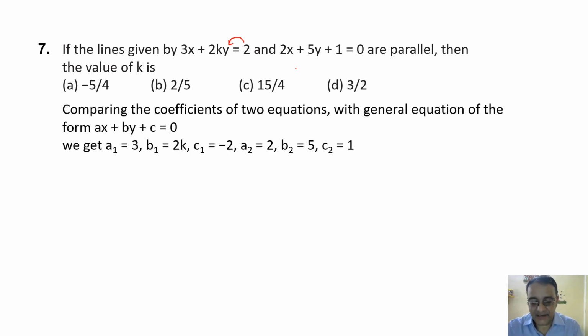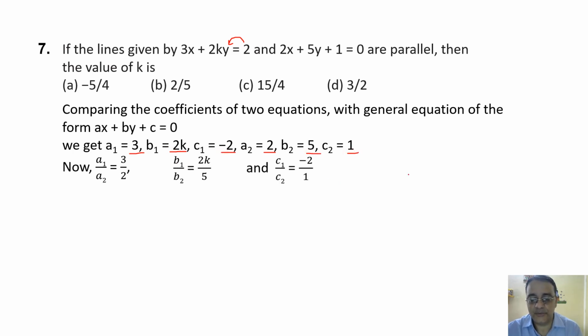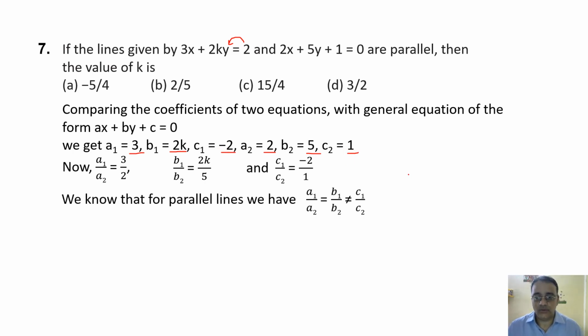Now we will find a1 upon a2, so 3 upon 2, and b1 upon b2, that is 2k upon 5, and c1 upon c2 we will get minus 2 upon 1. Now we write the condition for parallel: a1 upon a2 is equal to b1 upon b2 is not equal to c1 upon c2.